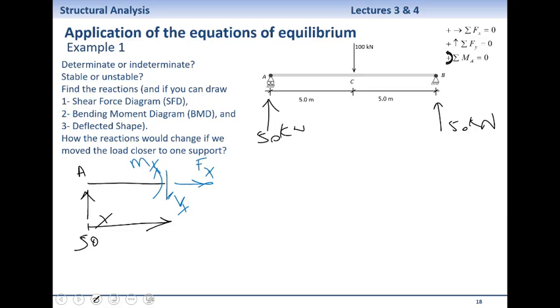Now, I'm probably going to take moments about point X. That would be my first equation. Because if I take moments about point X, there's no moment from Fx, so Fx is not going to come into my equilibrium. I don't see it as an unknown. Vx is not going to appear in my equation because, again, the distance is zero.